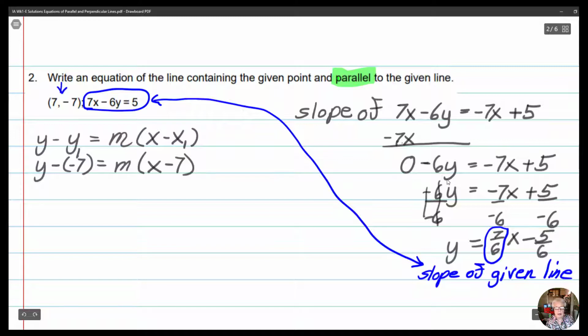The slope of this line is 7/6. Now, because we're dealing with parallel lines, that means that the slope for our line is going to be 7/6. So now, y plus 7 equals 7/6 times x minus 7.